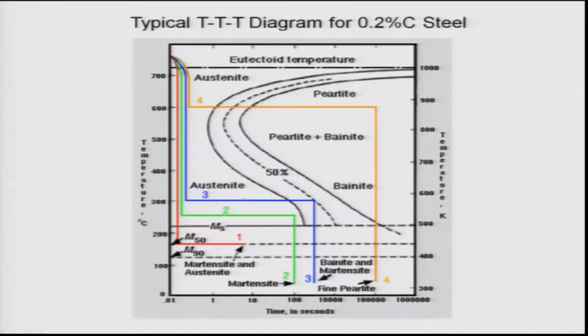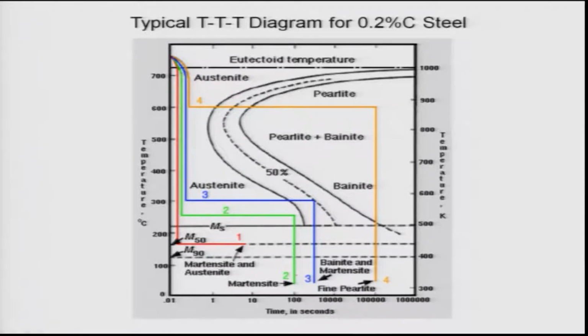So 1 will lead to 50% martensite. 2 is a very interesting cooling. You quench it to about 250 degrees Celsius and keep it there, but do not go beyond the 1% bainite transformation line, and this will lead to bainite then. Remember, then you quench it.